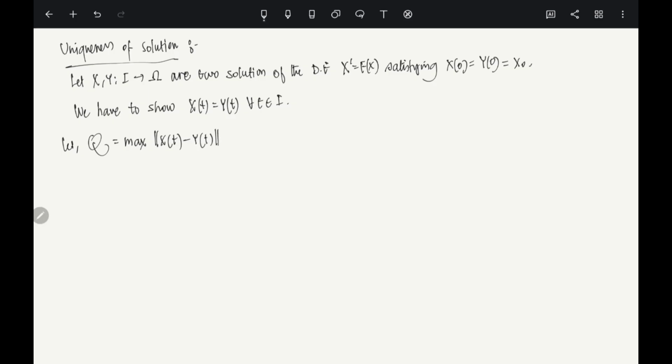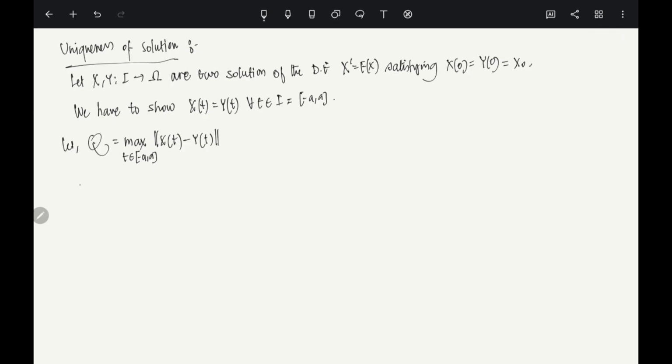And where is t varying? T is varying between minus a to a. Clear? T is varying between minus a to a. Okay, so that is there.